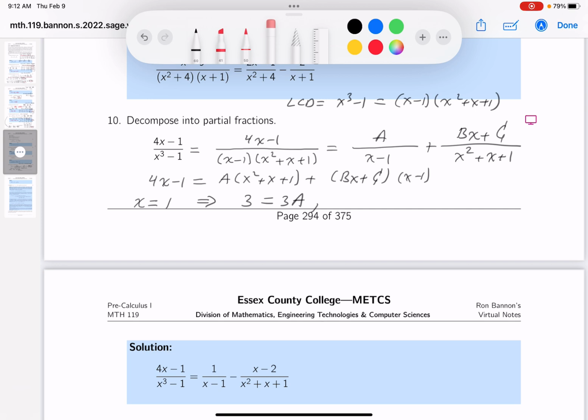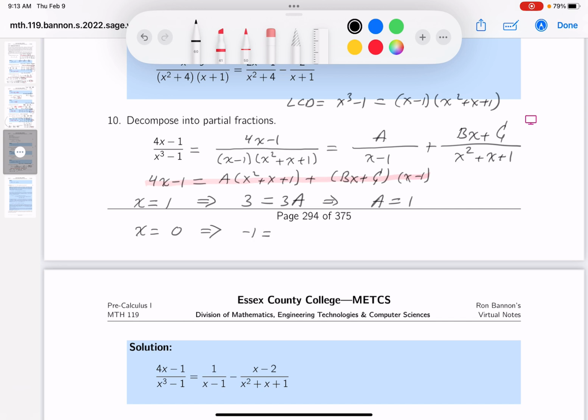Oops, get my eraser out again. That's a nice number, by the way. Right, I want to figure out another one. It seems like I'm always picking easy numbers, and I want to continue with that. If I chose 0, again, I want to emphasize we're plugging it in here. What are you going to get? You get minus 1.